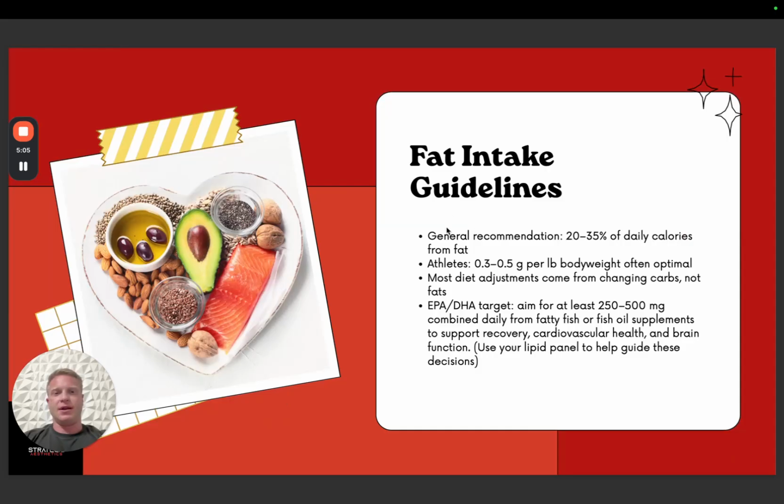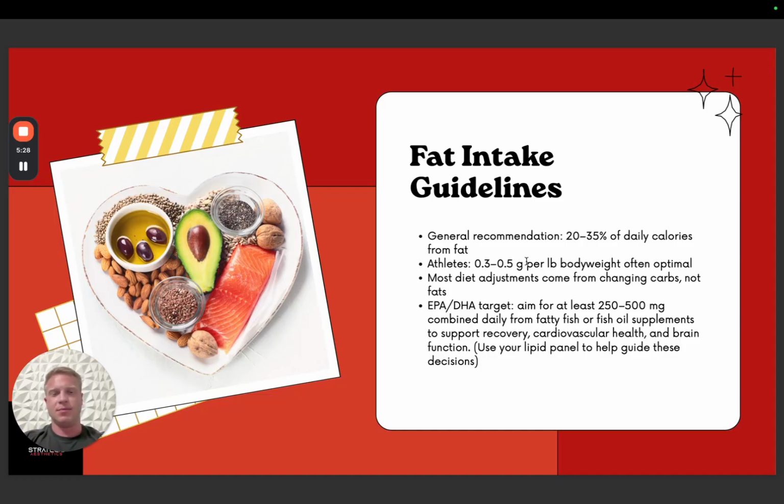So our fat intake is typically going to stay fairly similar between phases, whether you're trying to grow muscle or lose body fat. It's going to be somewhere around 20 to 35% of your daily calories. Women tend to do a little bit better with a little bit more fat in their diet.